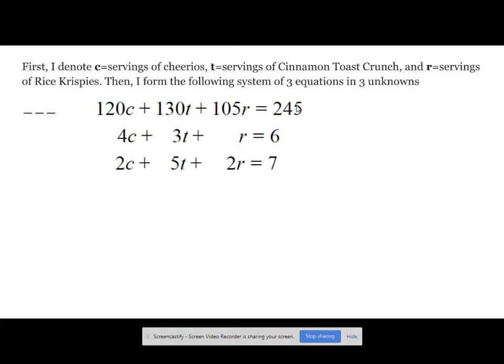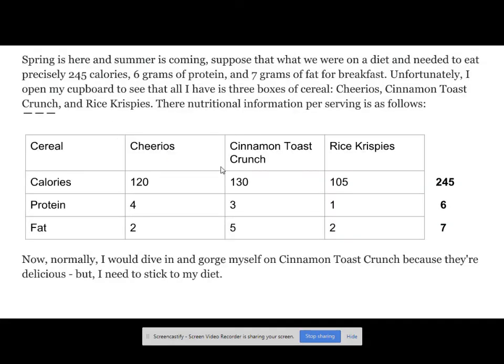The way this equation was created was basically looking back at this table: 120 for the C, 130 for the T, 105 for the R, equals 245.